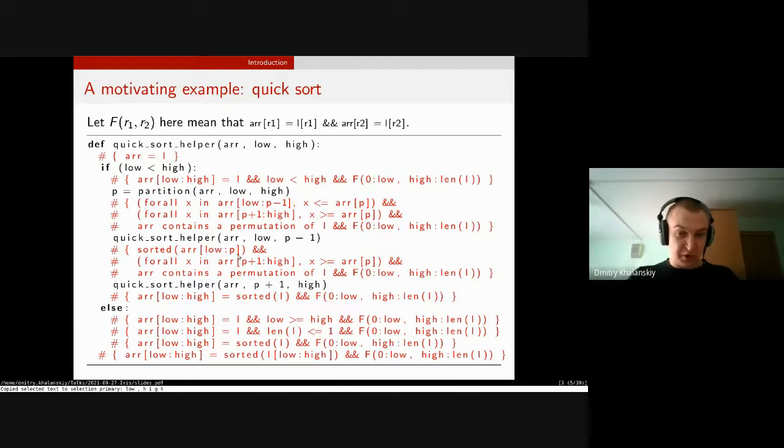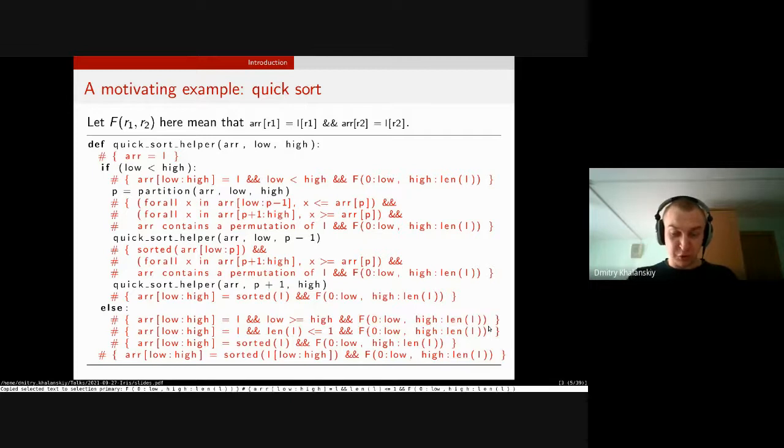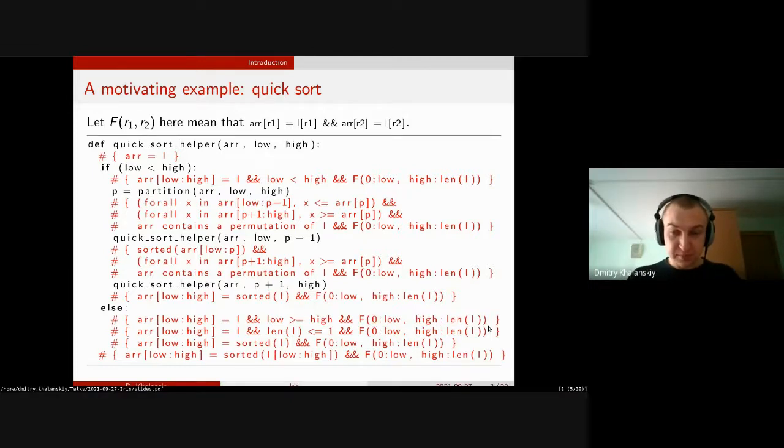Otherwise, the proof wouldn't work because this quicksort helper recursive call could potentially mess up the already sorted part that was sorted by this recursive call. And most of you probably already know where I'm going with this.